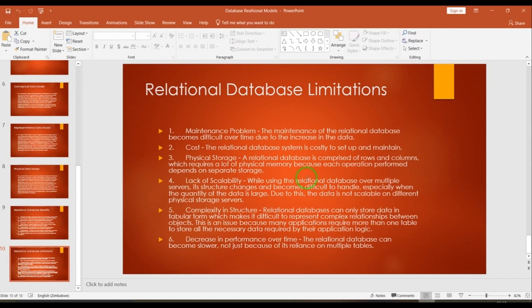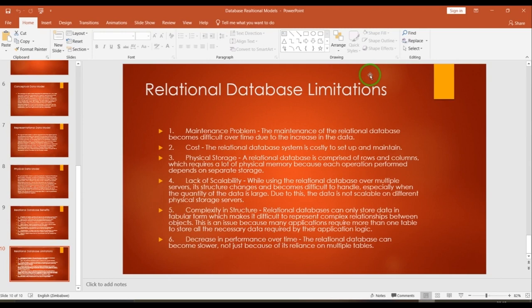This is an issue because many applications require more than one table to store all the necessary data required by their application logic.